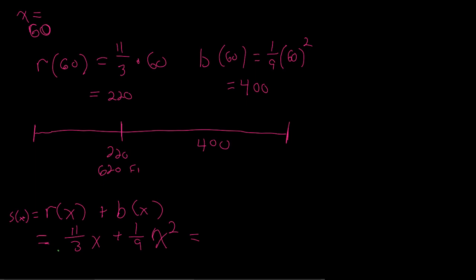Notice, with addition, because of how terms come together, this gives me the answer 620 also. So two separate functions can be combined to create a new model. The addition of the functions combines the rules of the functions with the addition sign. So if you have models that exist within the same domain, you can bring the domains together.